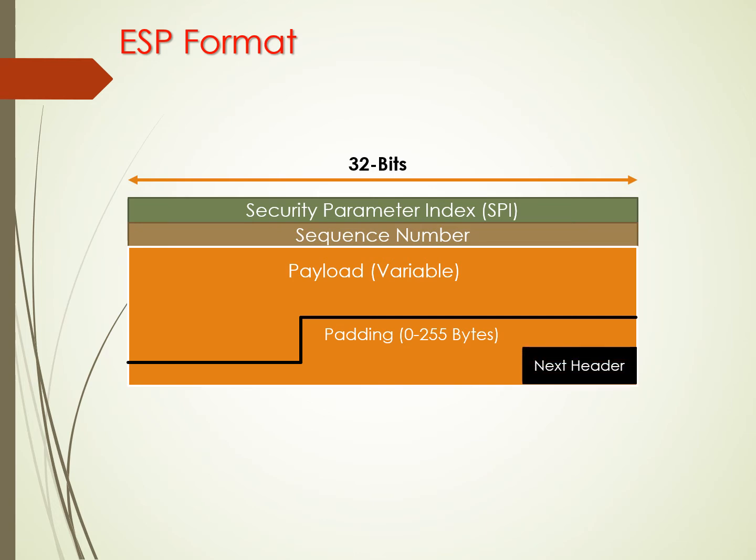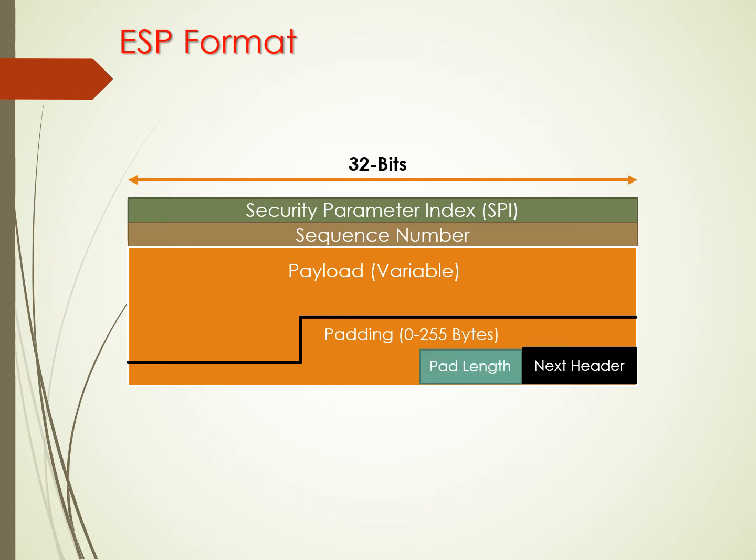Inside the payload, it also has the next header. The next header gives the information about the content type, what type of content we are transmitting, as well as a reference to the next payload that we need to send.